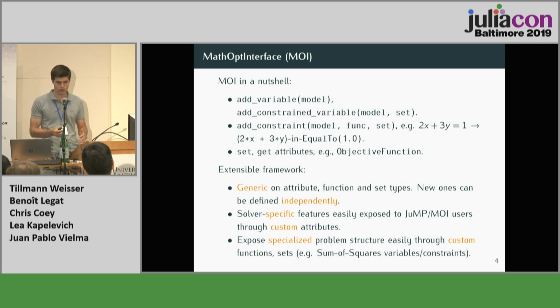All the infrastructure of MOI tries to be generic on the function, set, and attributes that it uses, so almost nothing in MOI is specific to the attributes, functions, and sets defined in MOI, and everything can work with custom things you can create. And so we'll use that in sum of squares to create custom variables and constraints, which are sum of squares variables, sum of squares constraints, and also new attributes that we'll need for our domain-specific extension of JuMP.